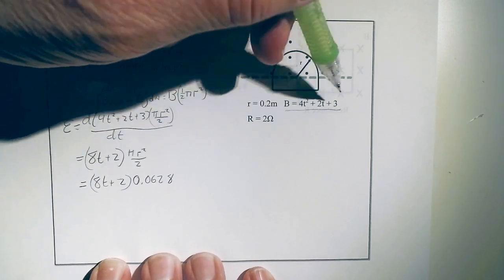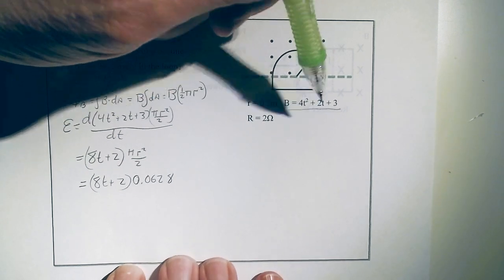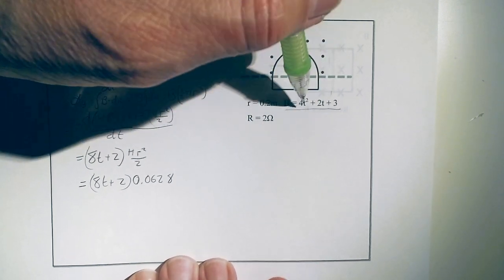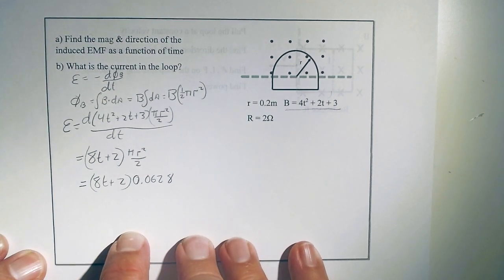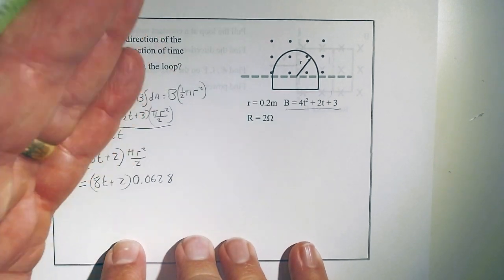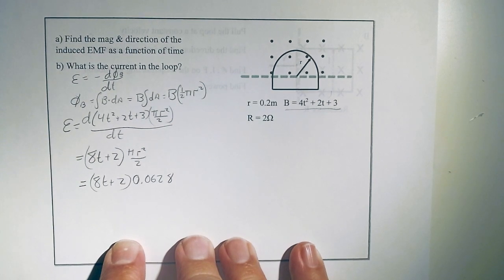If this were just changing linearly as a function of time, it would be one thing, but you've got a t squared in there, so the EMF is also changing as a function of time. In other words, the slope is getting steeper and steeper, as a way of thinking of it. Okay, so there's my EMF as a function of time. What is the current?